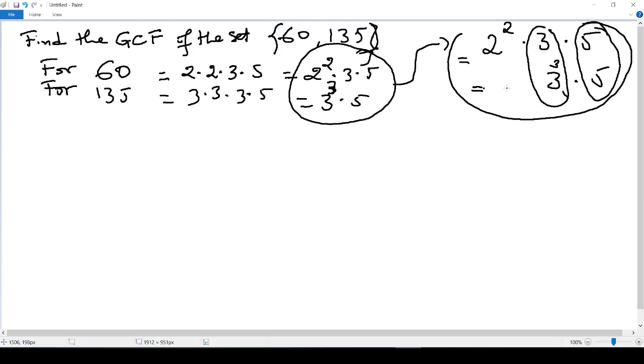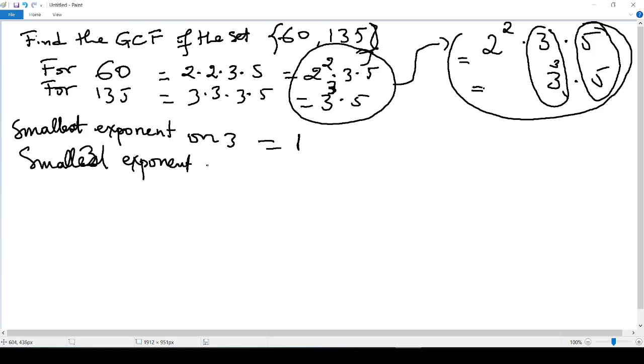For 3, when we look at our results for 60, the 3 has exponent 1. And for 135, the 3 has exponent 3. So the smallest exponent on 3 equals 1. And for 5, the smallest exponent is 1.